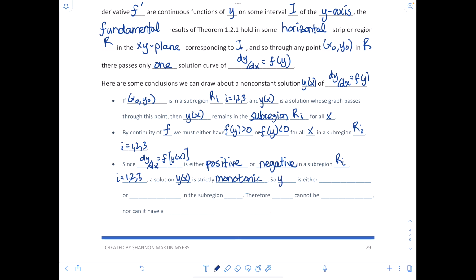Y at x is either, it's really non-increasing or non-decreasing, but our author says increasing or decreasing in the subregion R sub i. Therefore, y at x basically can't oscillate, which means it bounces back and forth between values, nor can it have a relative extremum.